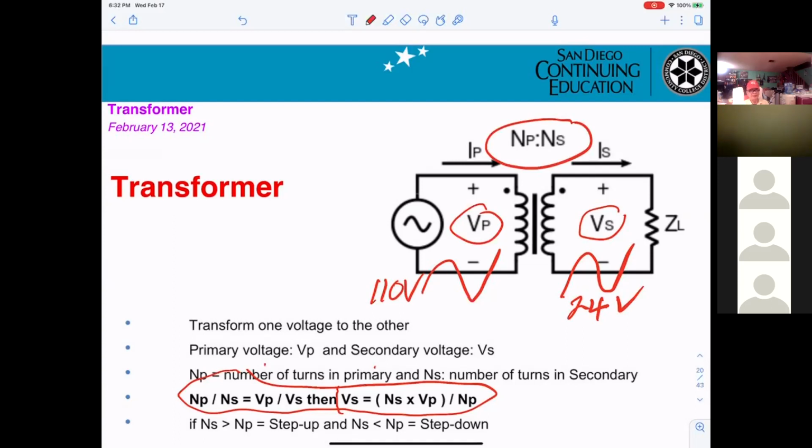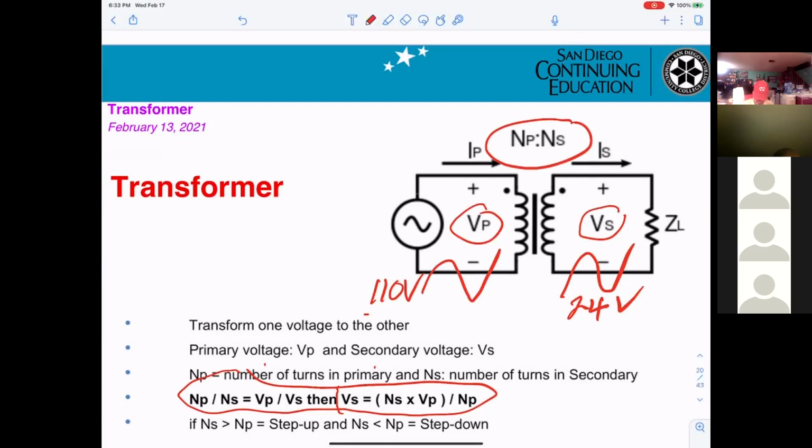In this case, primary 110 and secondary 24, they call a step down transformer. That means from 110 down to 24.